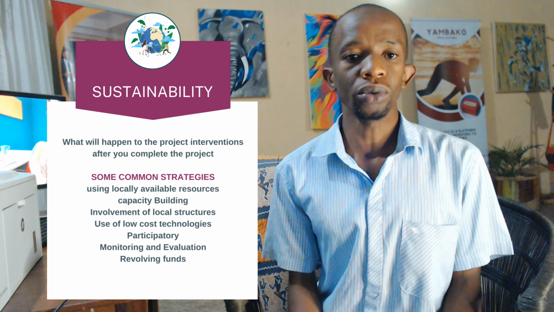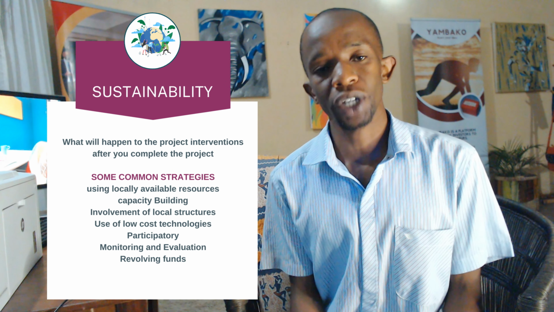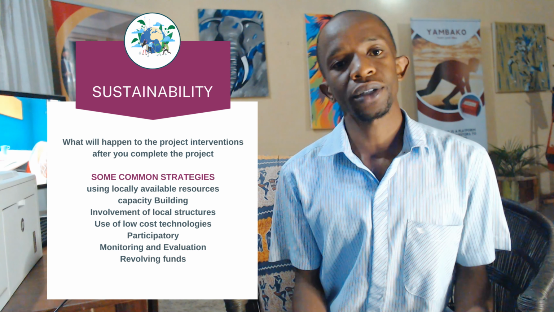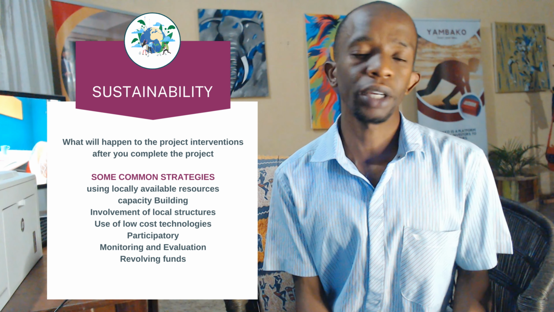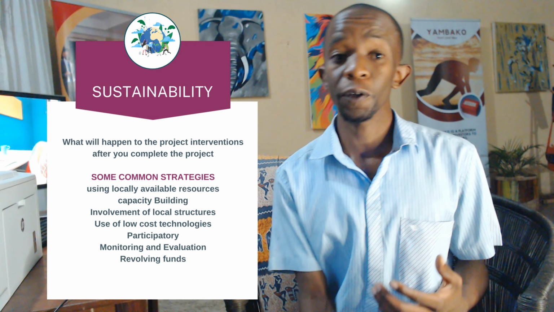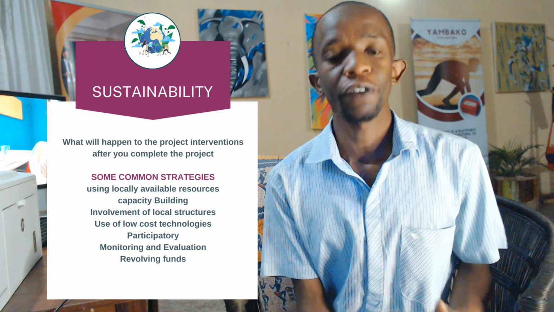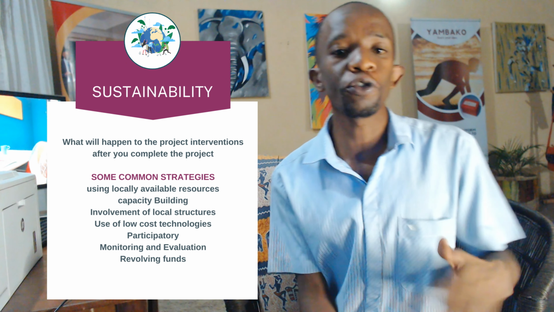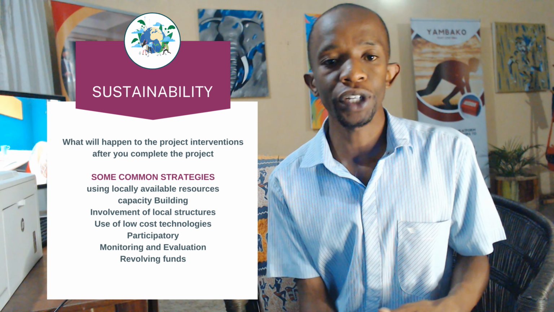Other donors involve local structures, so that whenever the project phases out, the local structures, like the village development committee, the area development committee, or maybe the agriculture village committee, can ensure continuity of the interventions because you involved them throughout the entire process.